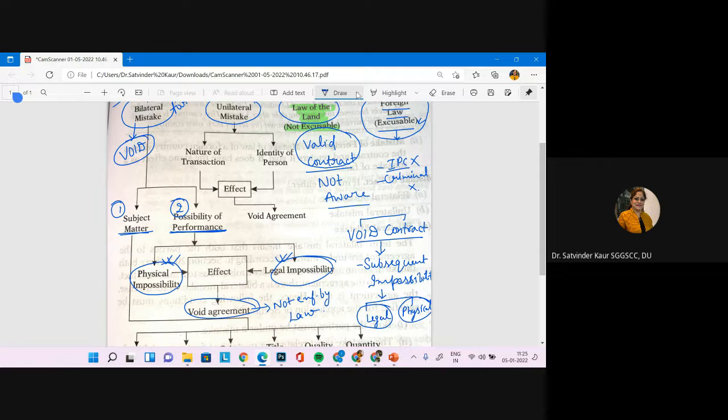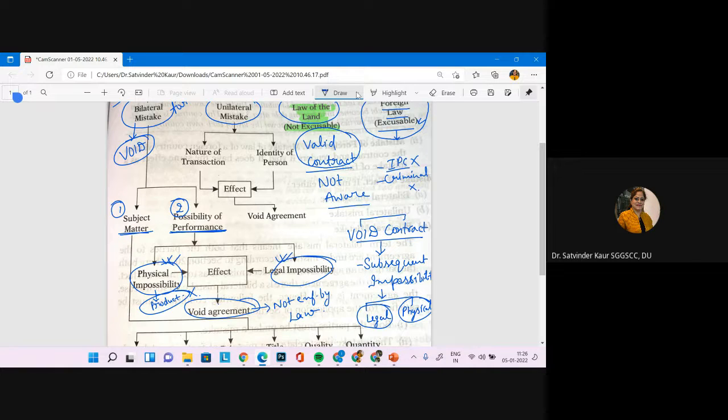So it will not give rise to any kind of obligation, any kind of legal rights, legal duties, etc. Right? And physical impossibility means कि वो particular product या particular item और the particular subject matter जिसके लिए आप contract कर रहे हैं वो at the time of formation of contract exist ही नहीं करता. So once the subject matter does not exist, it cannot be performed.